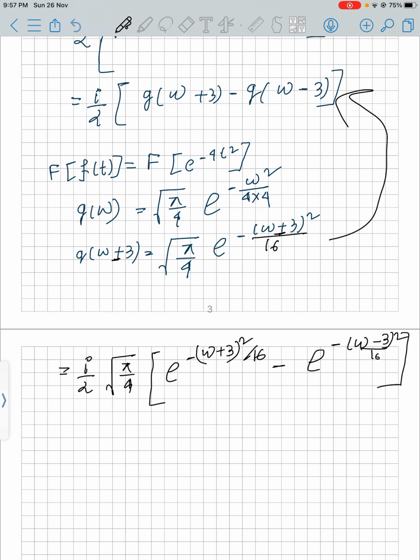Now you can simplify. (Omega plus 3) whole square is omega square plus 6 omega plus 9, and (omega minus 3) whole square is omega square minus 6 omega plus 9, using the (a plus b) whole square formula. It's not necessary, okay. You can take it common.